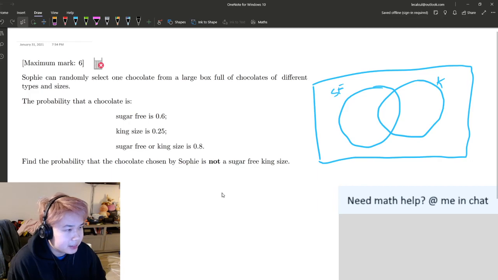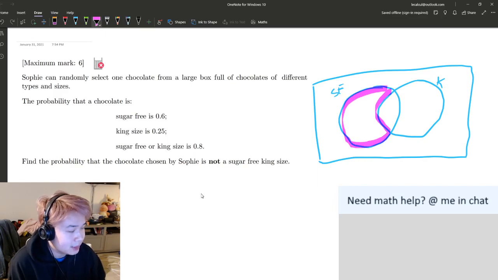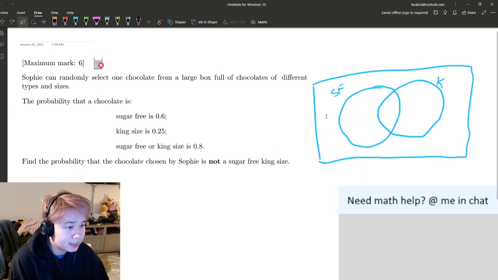I know this is higher level, so this is probably less of an issue for you guys, but do not put 0.6 in here, because that's not quite correct. 0.6 represents the entire probability, whereas if you put the 0.6 where I just wrote it, then you're implying 0.6 is just sugar-free and not at the same time king size.